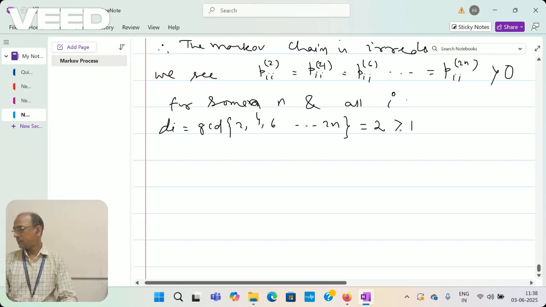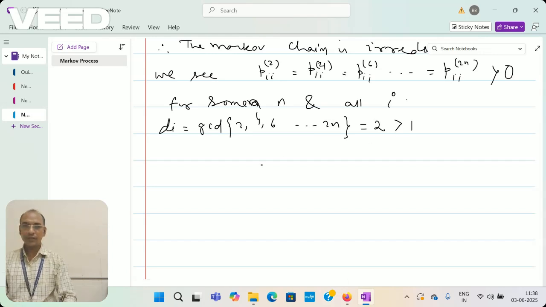Therefore, we can say that the states of the chain are periodic.